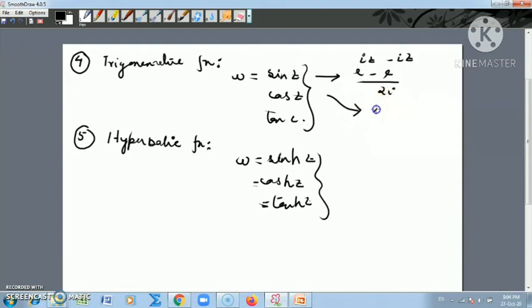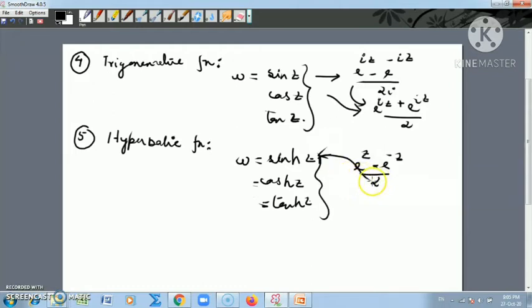Cos z is e to the power iz plus e to the power minus iz divided by 2, and from these two we can also find tan z. For sinh there is no i part: it's just e to the power z minus e to the power minus z by 2, and with a plus sign this is cosh. These are things that you already know.